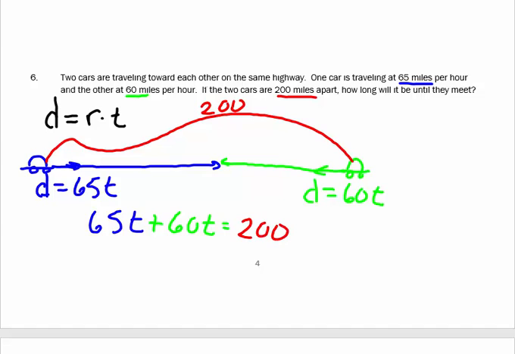So 65t plus 60t is going to equal 125t, and that's supposed to equal 200. Then all we need to do is divide by 125, and that will give us the time. So the time's going to be 1.6, t equals 1.6. Again, what does that mean? It will take 1.6 hours for them to meet.